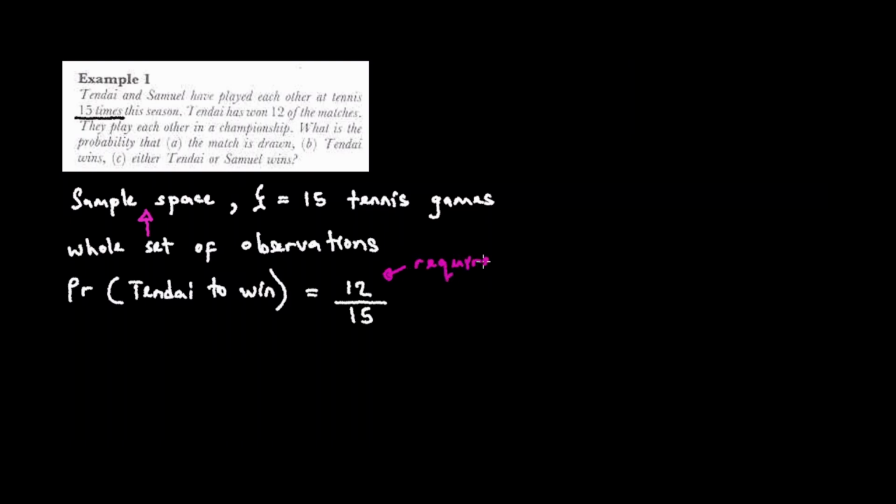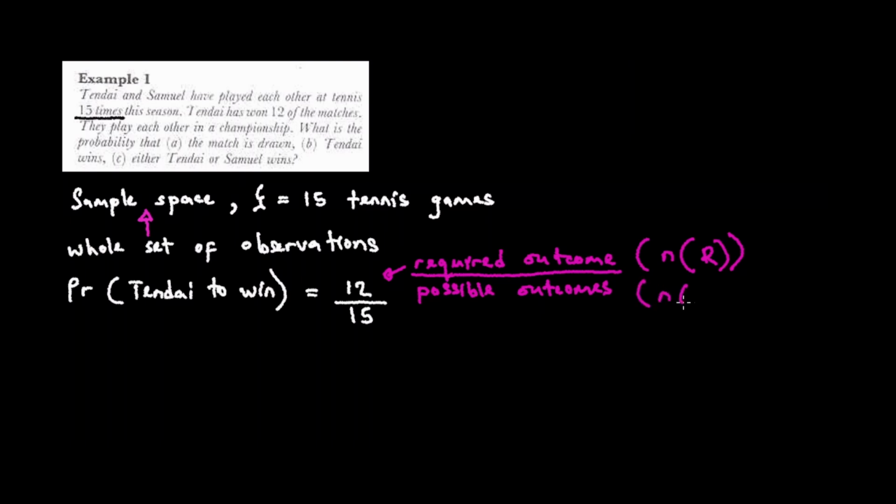Remember, this is the required outcome, which we can write as the number of elements of, say, R over all the possible outcomes. And by the way, this is actually experimental probability. Saka possible outcomes, which can be written as the number of elements of the sample space, like that. Saka tokunangoiseri 12 over 15 for now, because atisataziva kuti question iruda kutofunza chii.